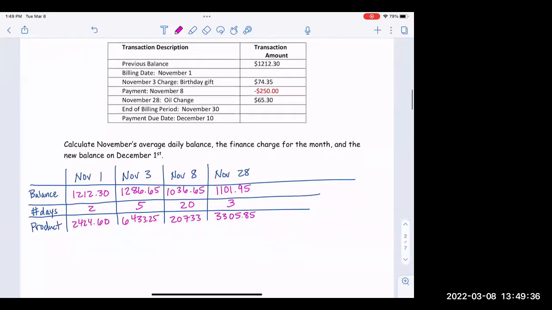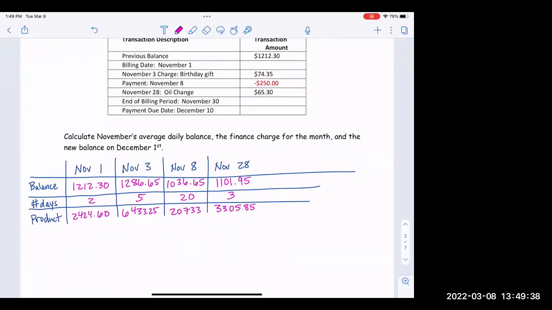So if those are right, then the next thing is just to add all those up. So I'm just gonna find the sum of those products. So I'm gonna add that last row, 2,424.60 plus 6,433.25 plus just add that whole last row. $1,096.70.